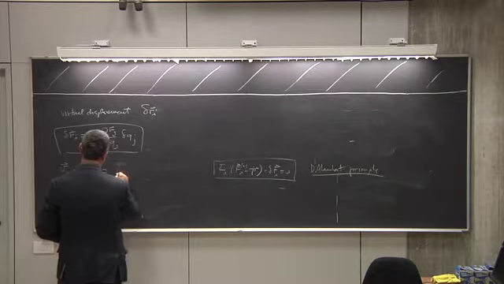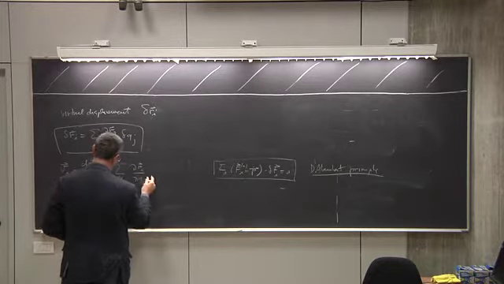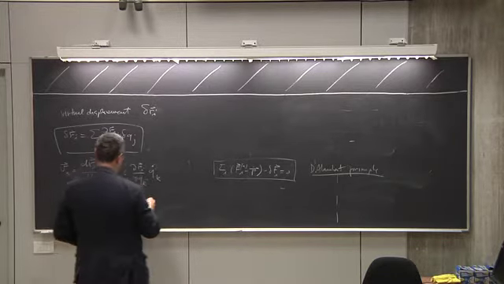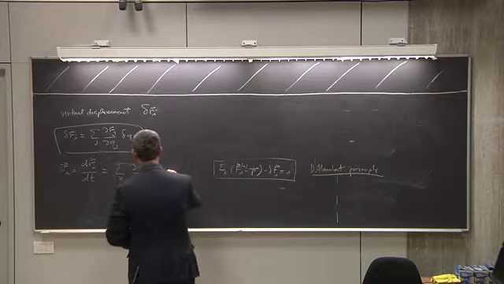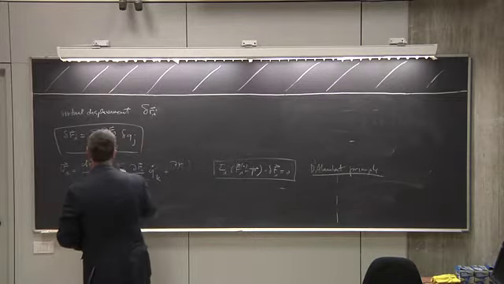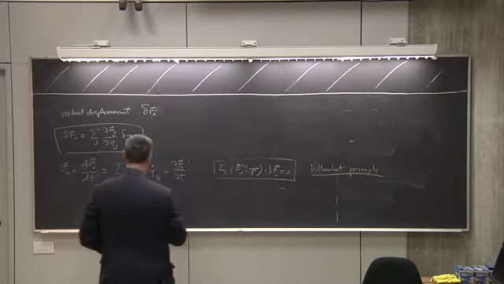So this is the sum over k of the partial derivative of ri with respect to qk, times qk dot, because I'm taking the derivative. Plus, if this transformation explicitly depends on time, I also have a partial derivative with respect to time.